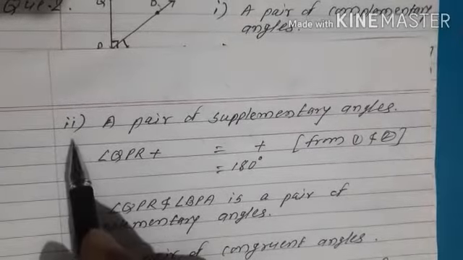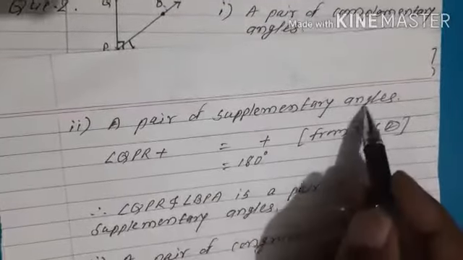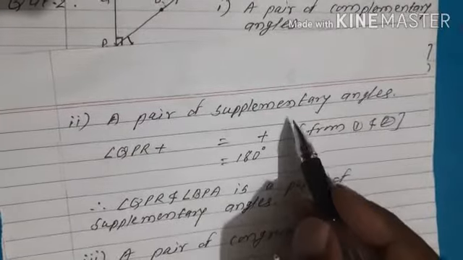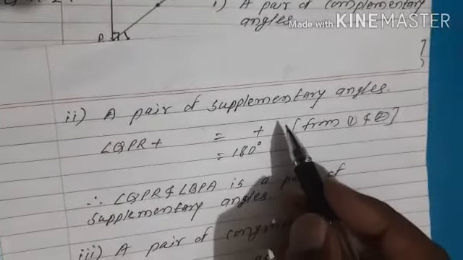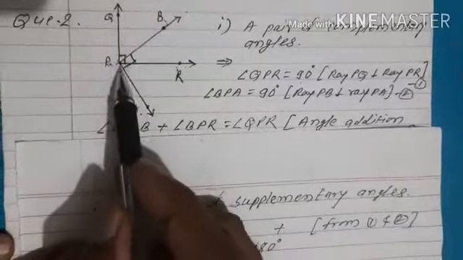Now, second sub question, a pair of supplementary angles. First, what is meant by supplementary angles? If the sum of the measures of two angles is 180 degrees, then these angles are called supplementary angles. In the figure, angle QPR is 90 degrees.